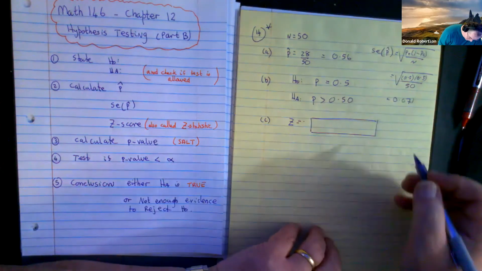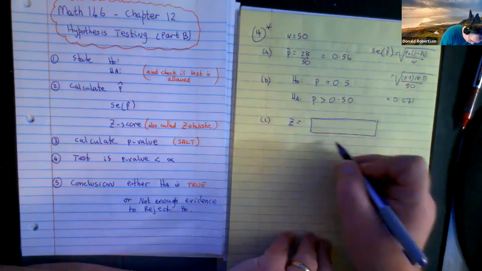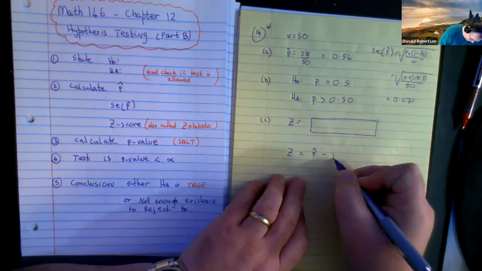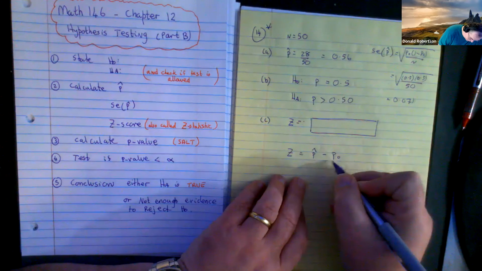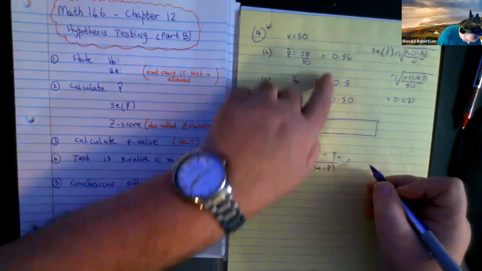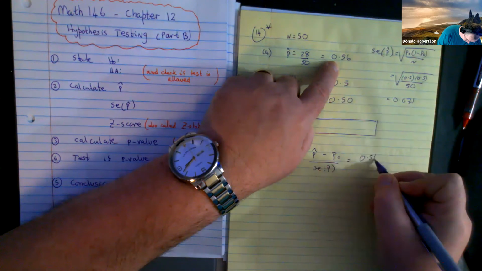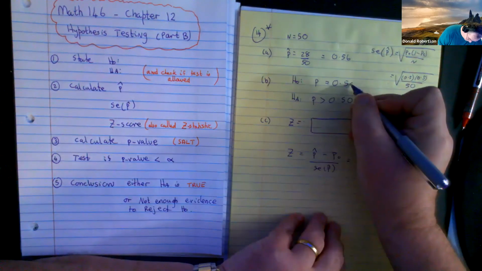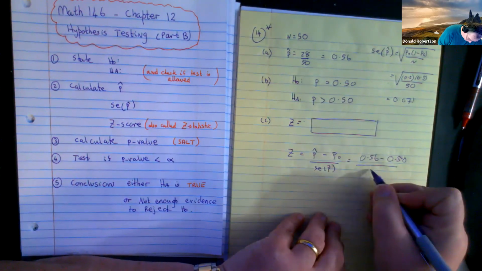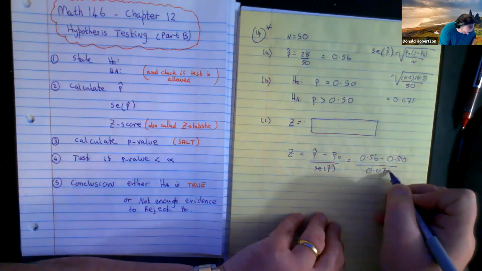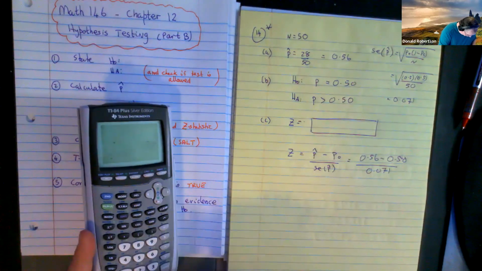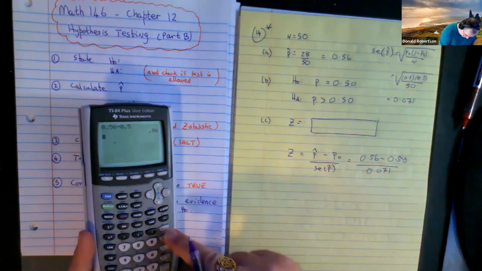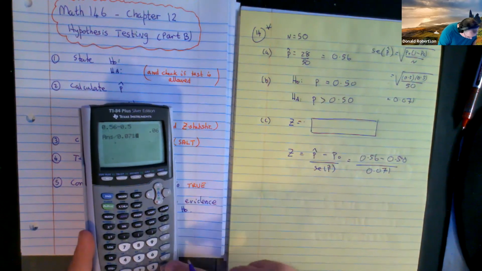And the z-score then, if I give myself enough room, so I'll have to do it down here, is p-hat take away p-naught over the standard error. 0.56 take away 0.5, and then divided by 0.071.